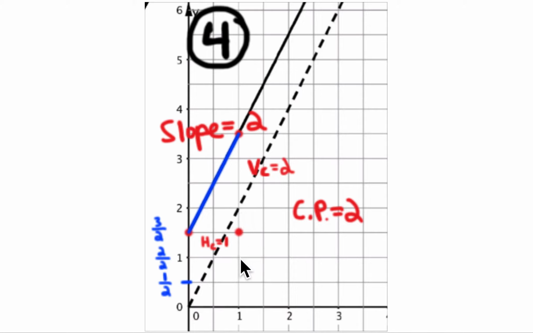So remember, you have to include the halves. So this is 1 unit, 2 units. So y over x is 2 over 1. So it's 2 units in the vertical direction, 1 unit in the horizontal direction. So this has a slope of 2, just has a constant proportionality of 2.